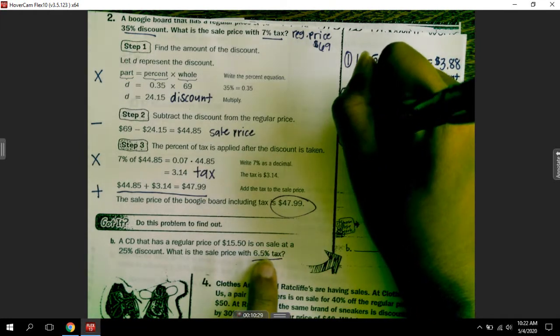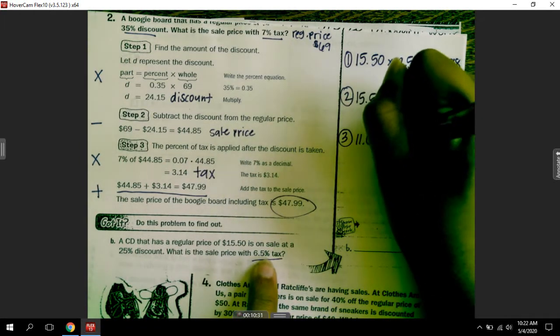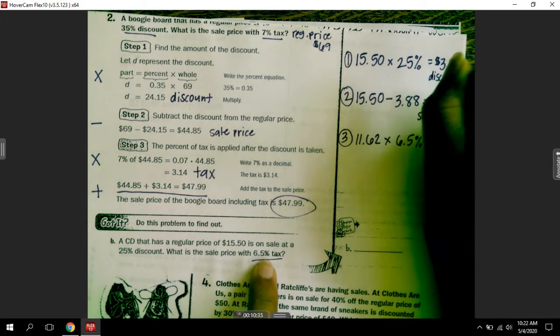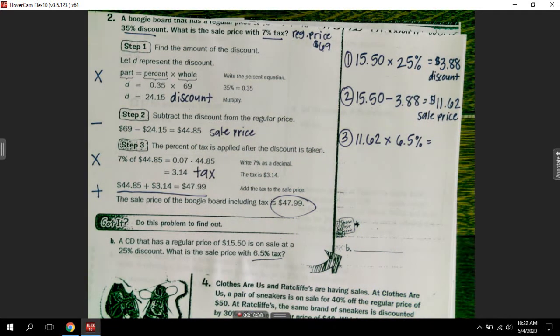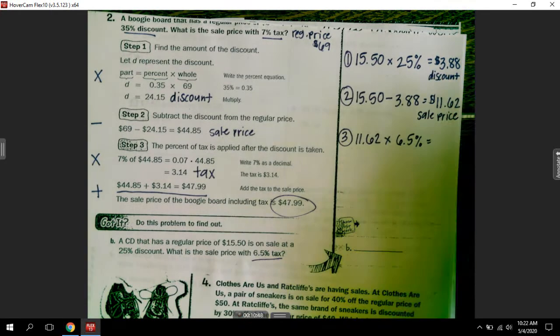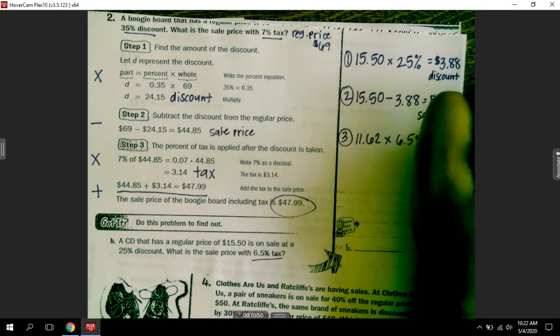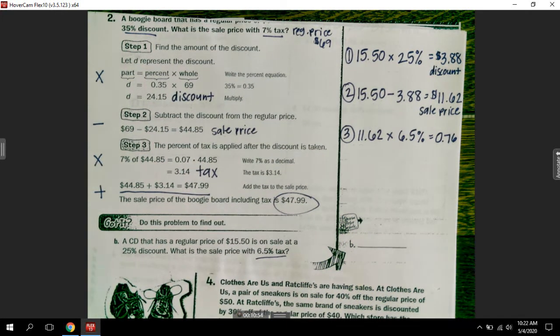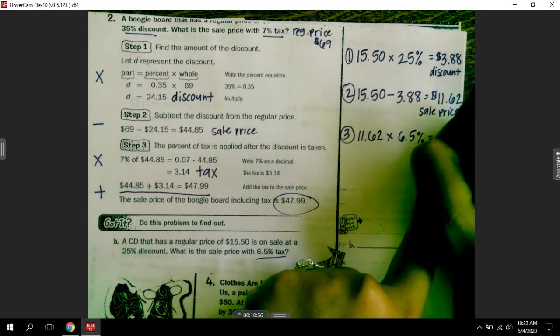So I've got $11.62 times the tax, which is 6.5%. I'm going to multiply that in my calculator. It says 0.755, so that's going to be 0.76. That 0.76 is your tax.